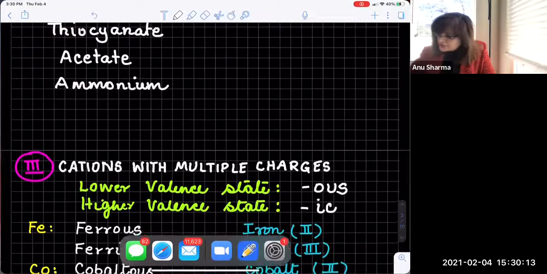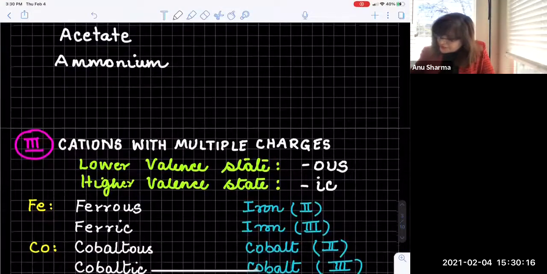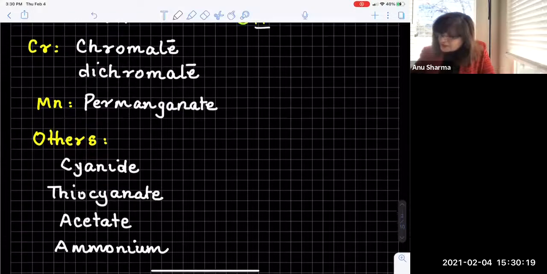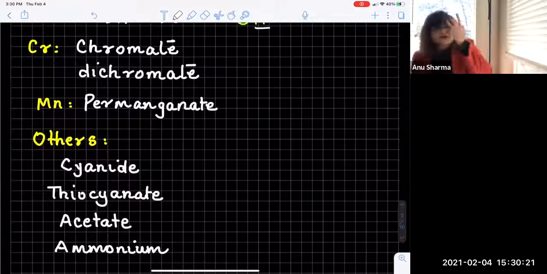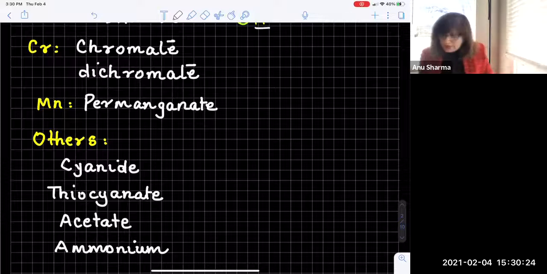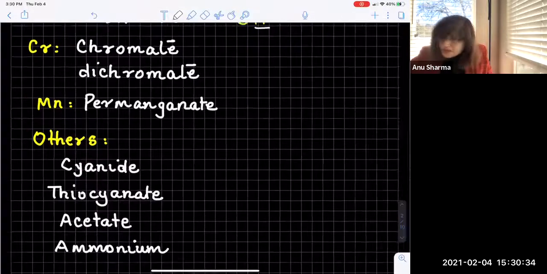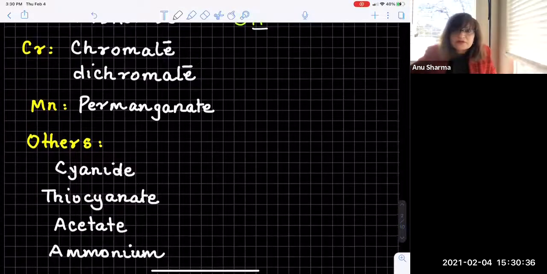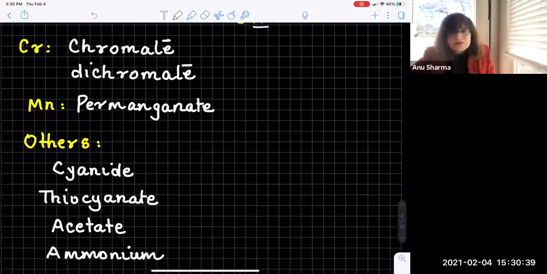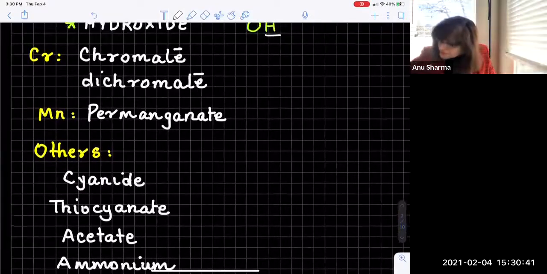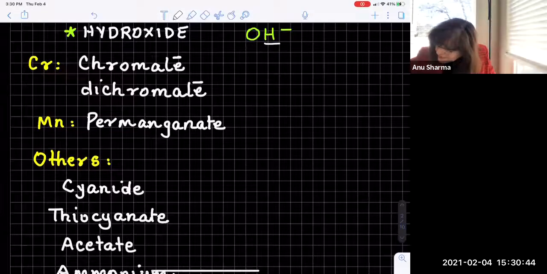But some of the metals also form anions. So here we have chromate. Chromate is CrO4 2 negative.